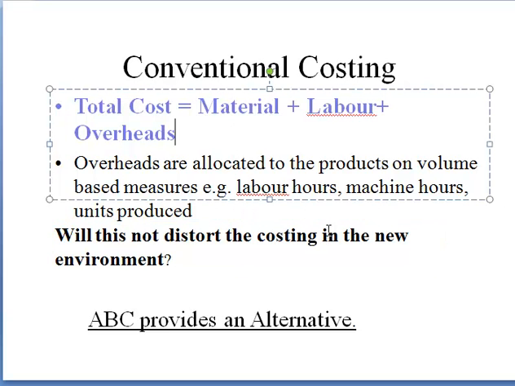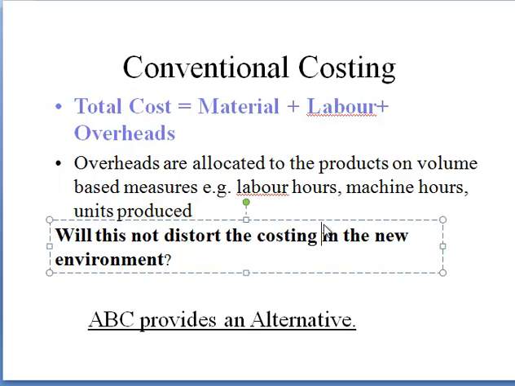When the overheads are allocated, apportioned, and absorbed over the products on the basis of the volume of labor, volume of machine hours, or the units produced, the overheads are generally absorbed on volume-based cost drivers.